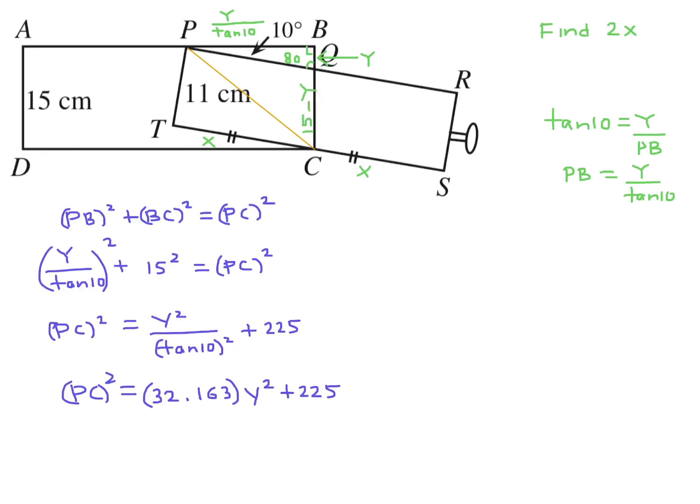Now at this point, I'm going to draw another line, and that line is going to be parallel to PT. So if this is PT, I'm going to draw it parallel, but coming from C. So from C, parallel to PT like that.